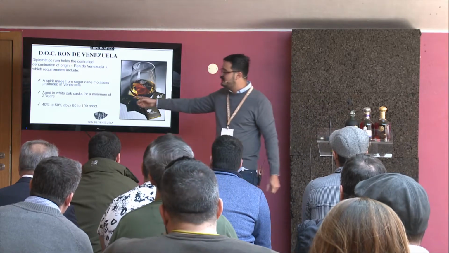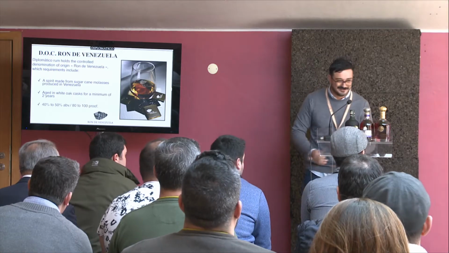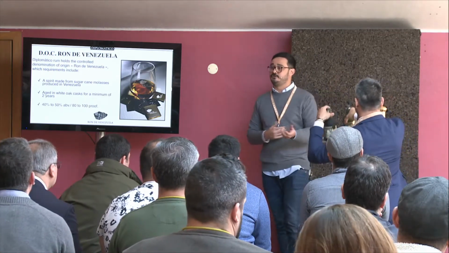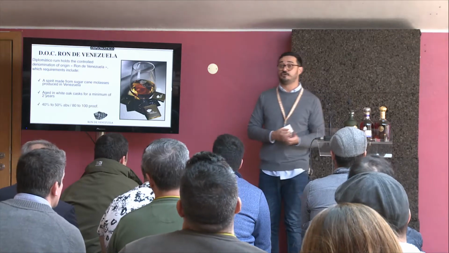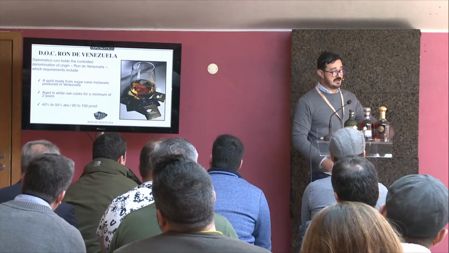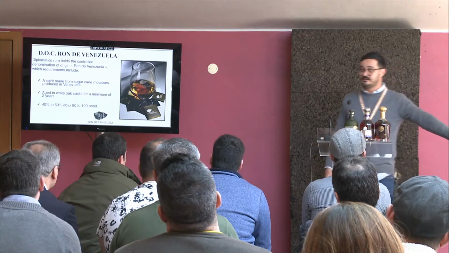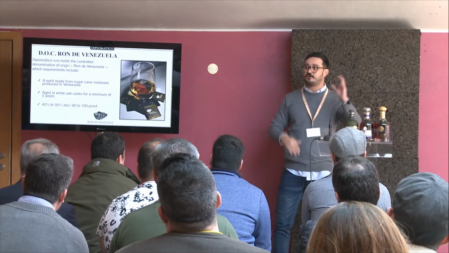And it has to be aged a minimum of 2 years. Many people say, okay, after the 2 years you can change it, and nothing happens. But the government, as I told you, supervises this whole procedure. In our aging warehouses, you can find a barrel that has 2 years of age, but you can also find a barrel that has 10 years of age. So you cannot do anything.